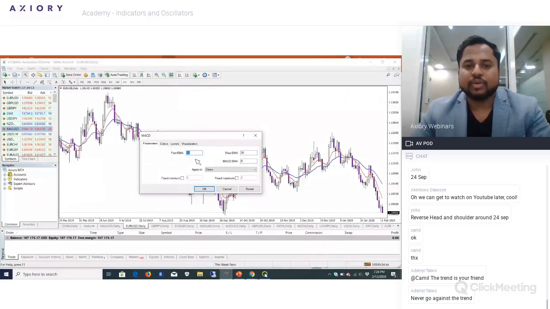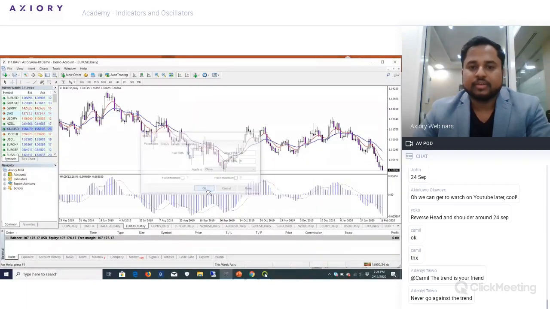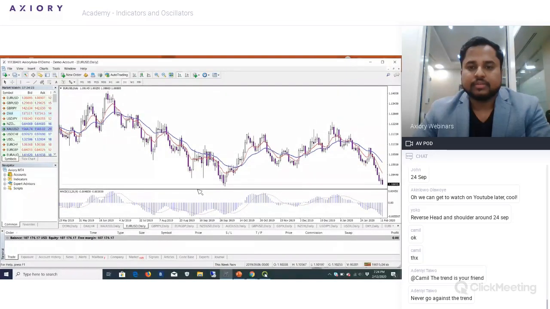Just give the default values, 12, 26, 9. No need to change it. Just put it like this. This is the way.